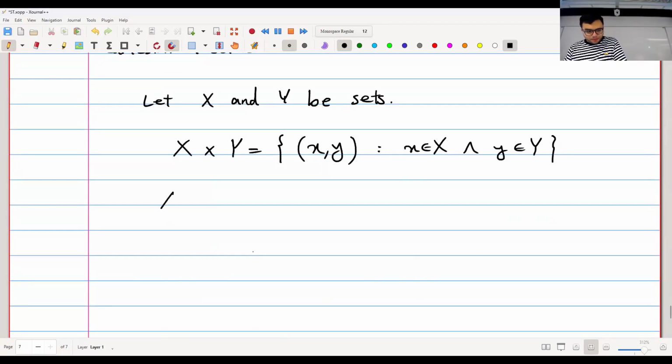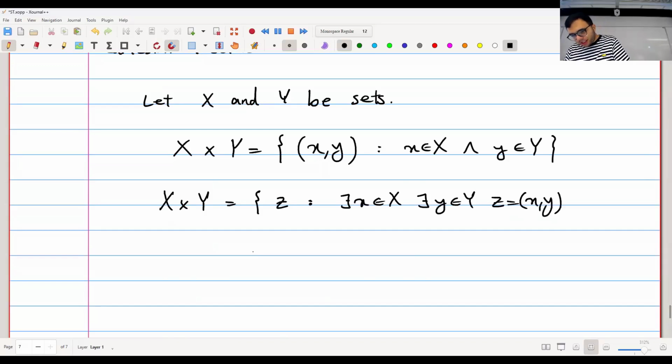I can say X times Y is the set of all Z such that there exists x in X and there exists y in Y such that Z is equal to the pair (x, y), right? So if I want to make sure I can write this thing in my language, I can write it like this. So now this part is a valid formula in my language L.